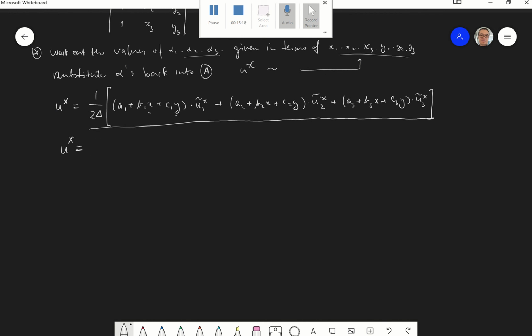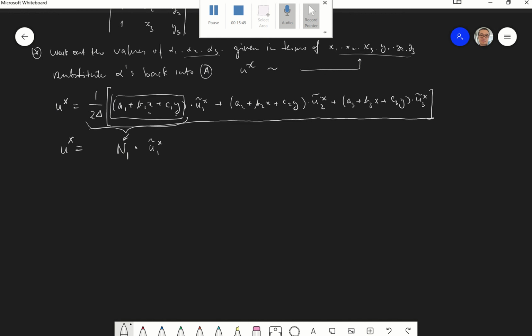We say this bit times 1/2 delta gives me a function that is n1, right? So this is an n1 value times u1 of x. This simplifies a little bit, so you'll know that this n1 is all of this.